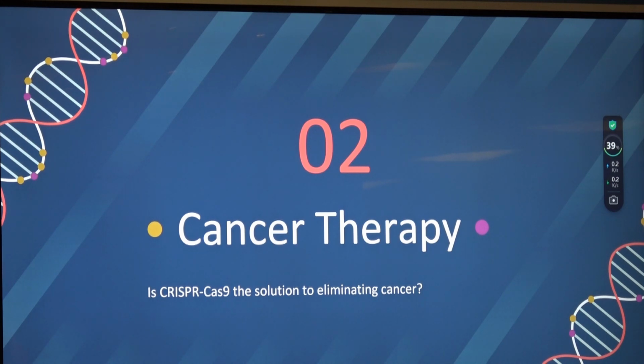Oh, yeah, exactly. So, people usually think about, since cancer is so complex because of these mutations and its DNA sequences are changed, right? By using CRISPR-Cas9, we're able to change those mutations back into regular DNA sequences. Well, that's what most researchers thought. Next slide.